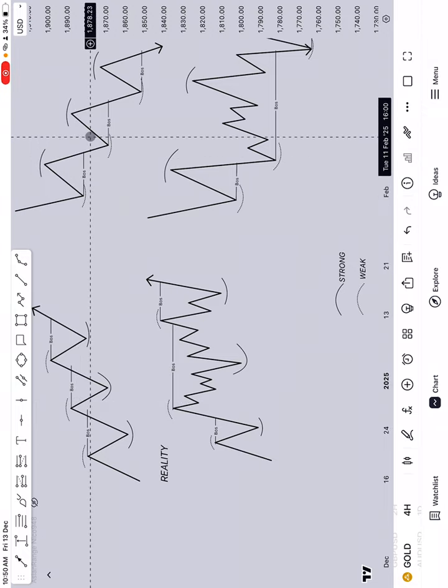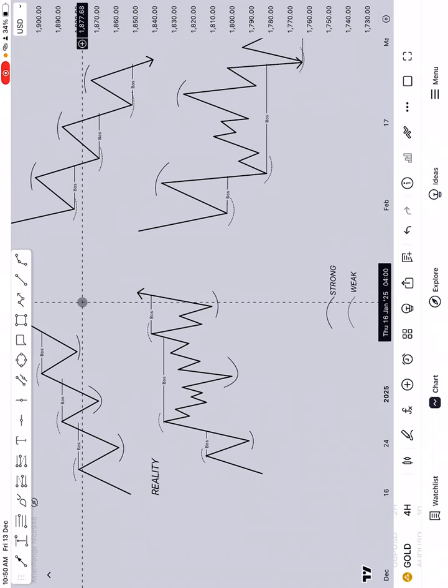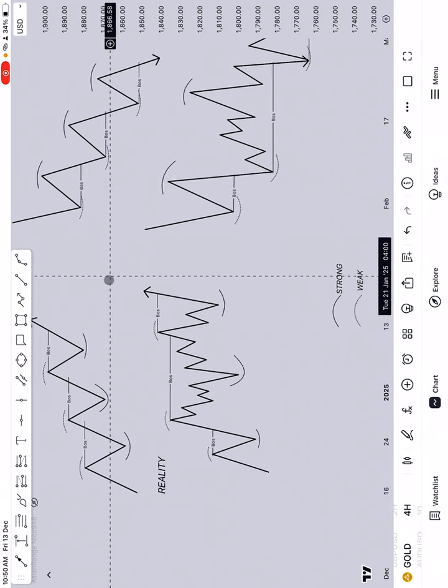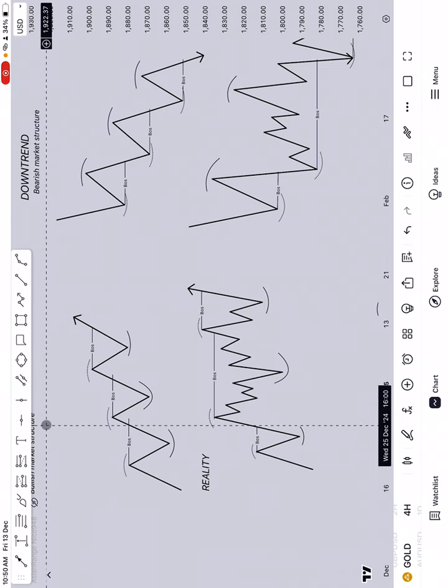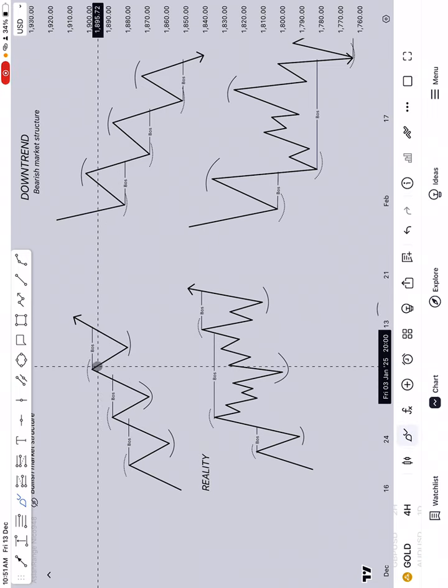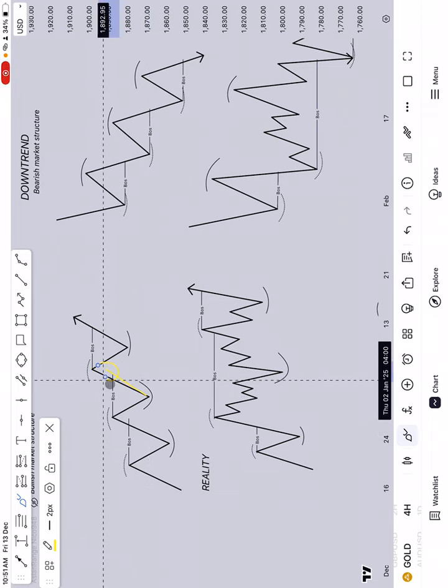And how can a high create a low? It needs to break structure. So any low that breaks structure, you consider as a strong low. Simple, right? And any high that breaks structure, you consider as a strong high. Let me take a few examples. Let's say this breaks structure here.